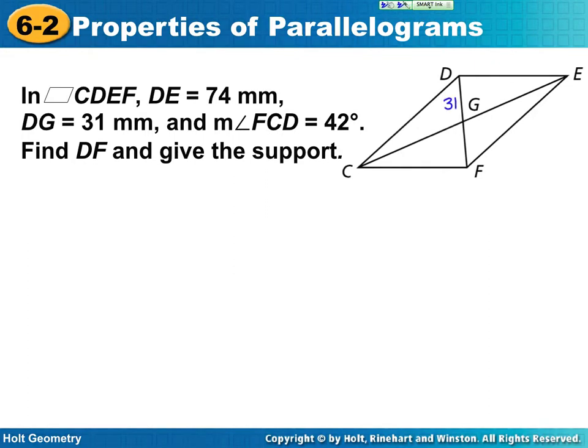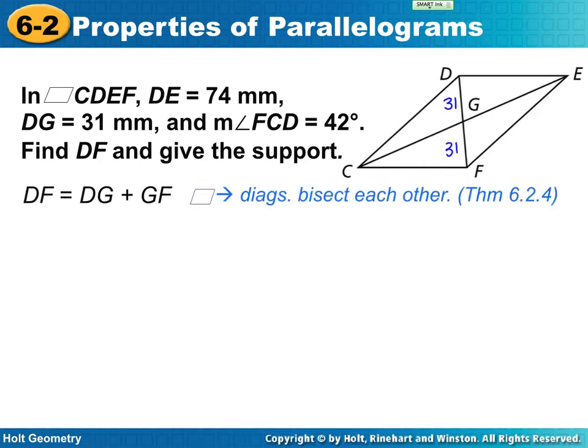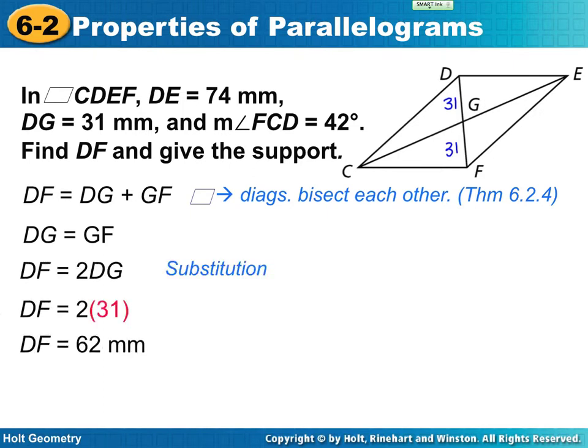So 31 times 2. So the answer should be 62 millimeters. And what's our support? Okay, parallelogram diagonal bisector theorem. Correct, that one makes sense? Okay.